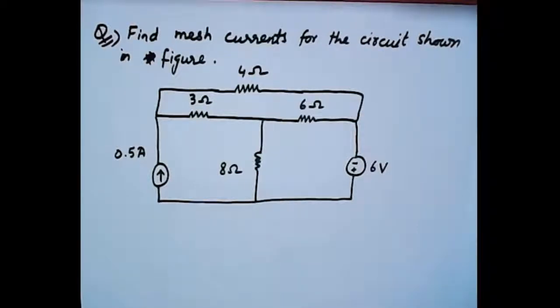Since we have a current source now, we cannot calculate the exact voltage across a current source, because in mesh analysis we are working on KVL. That means we need to have the voltage across each branch.